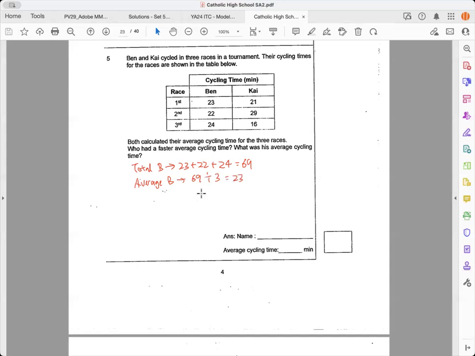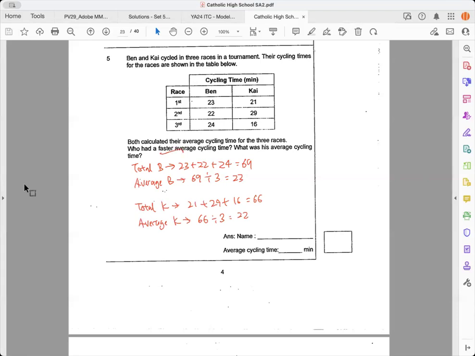Let's find the average for Kai. To find the average for Kai, I find the total for Kai. 21 plus 29 plus 16. You get 66. Average for Kai will be 66 divided by 3, 22.